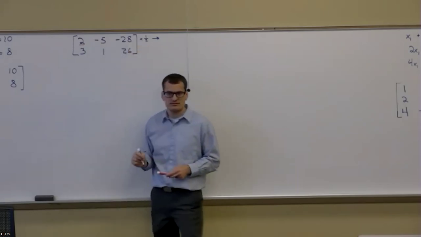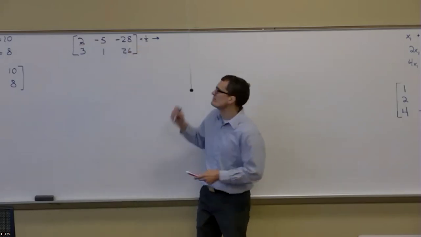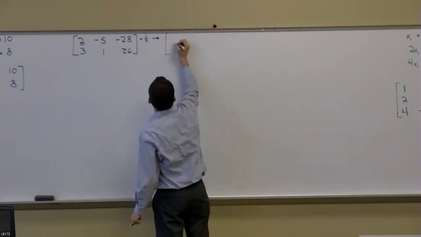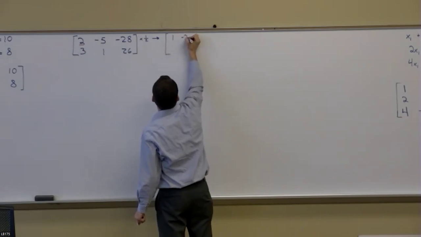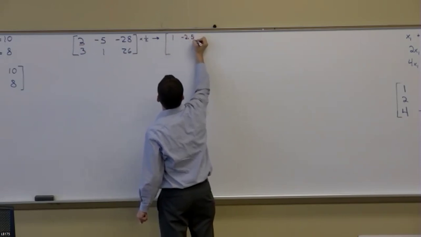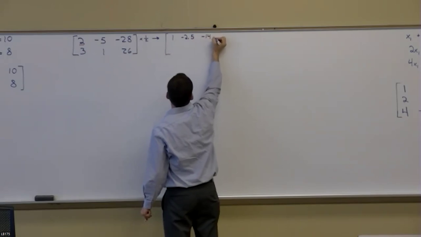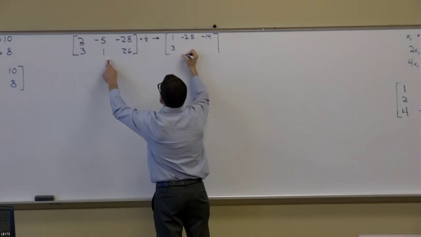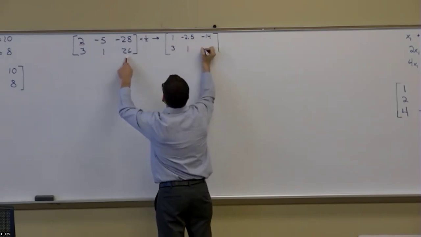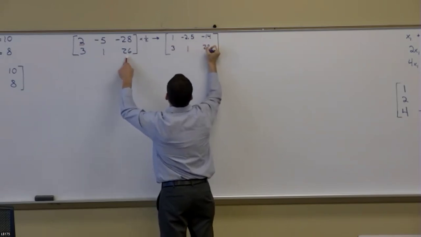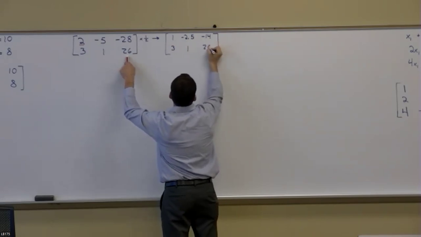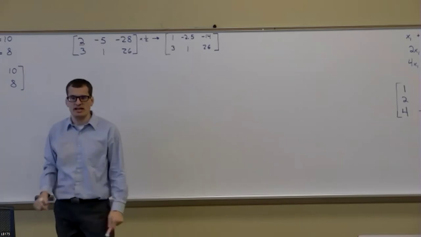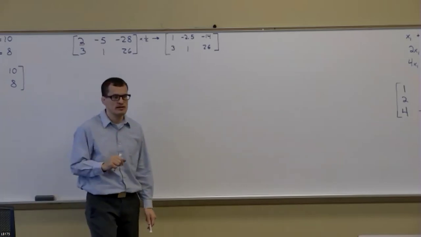Does that make sense? So that's going to turn into 1, negative 2.5, negative 14. And this row, since we're not doing anything to it, stays the same. I only change one row at a time, usually, when I'm doing Gaussian elimination by hand.